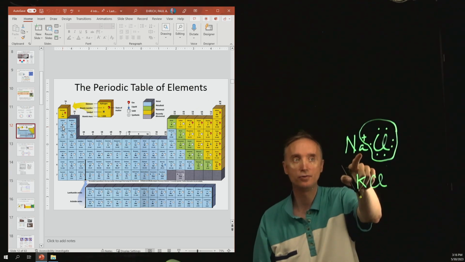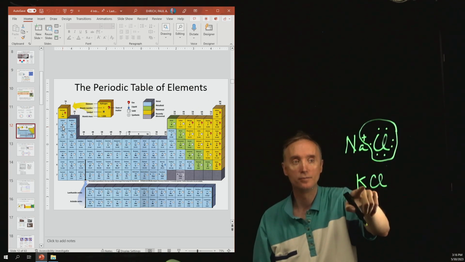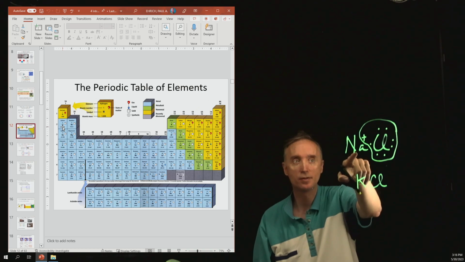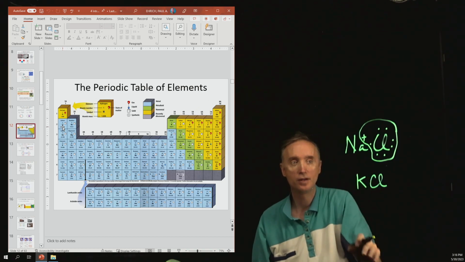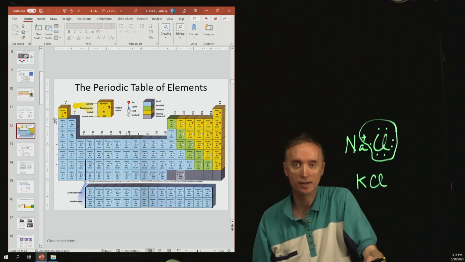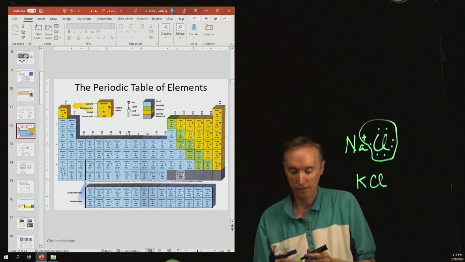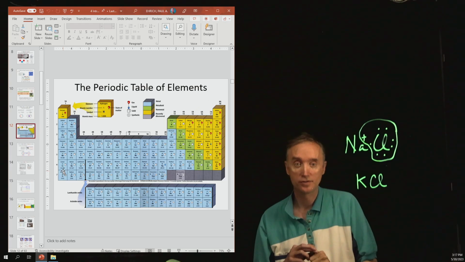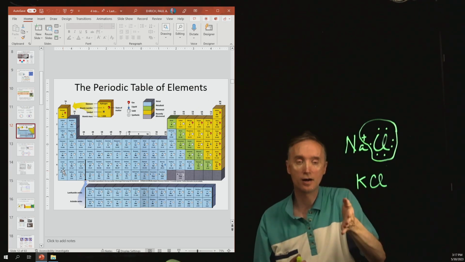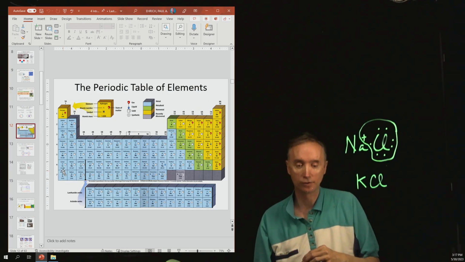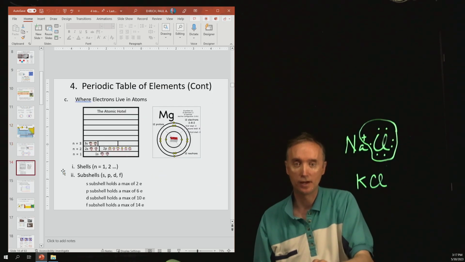This is sodium chloride, but potassium can substitute for sodium because potassium is in that same column. That's very handy in chemical reactions. The ones that are in the same column react very similarly in chemical reactions.